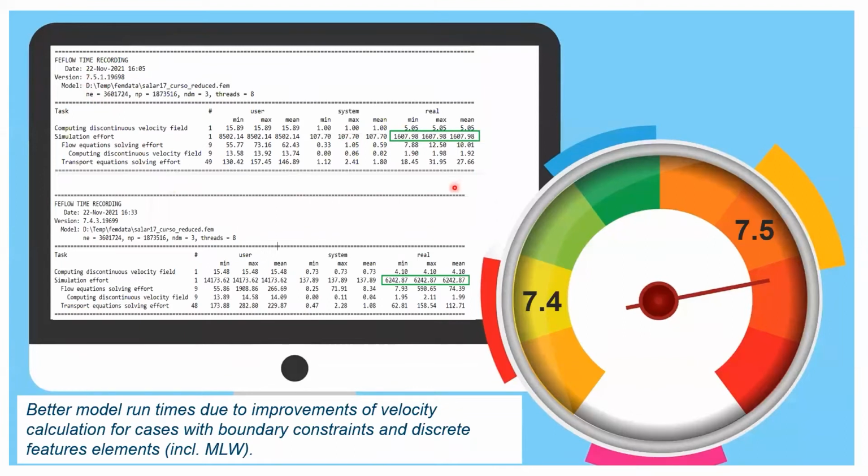You see in 7.5 we have 1,600 seconds, while this one is 6,200 something seconds in 7.4. So you can expect to get about a factor of 3 or 4. The larger the problem is, the better the gain, because we reduce some loops that we are doing for the velocity calculation. So every time you have more elements, the gain increases significantly. This is good news. You don't need to change anything in the solver, just install 7.5 and you will see this.